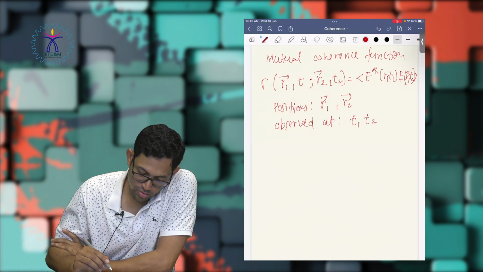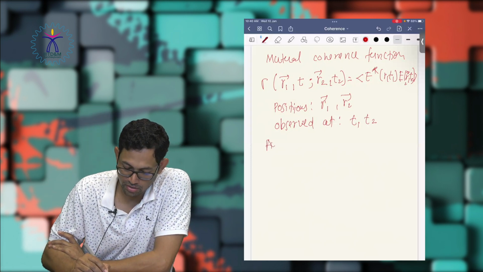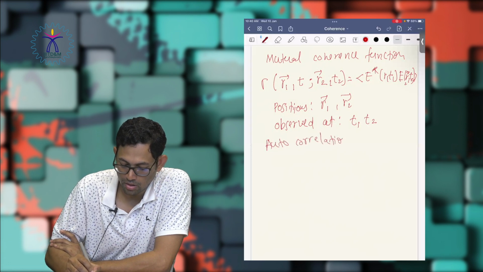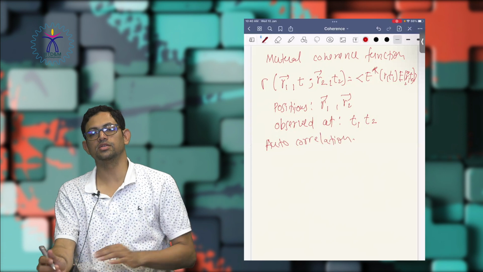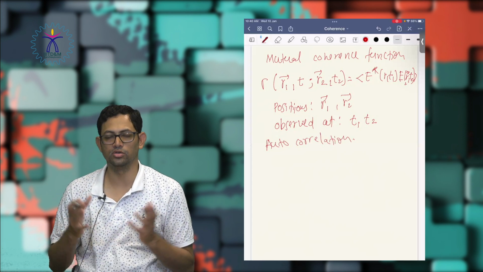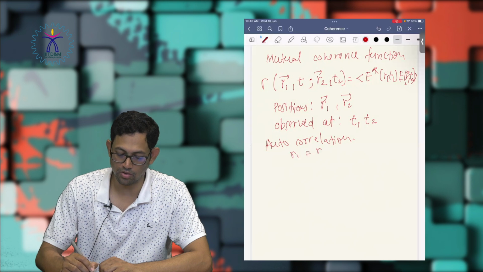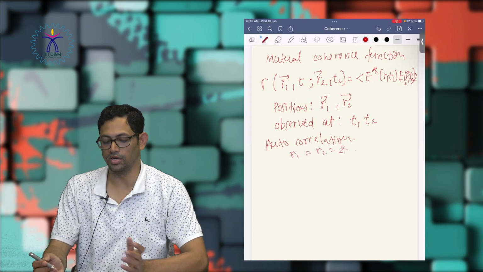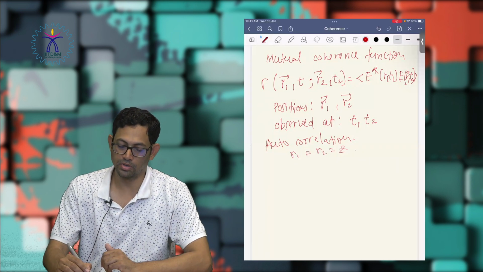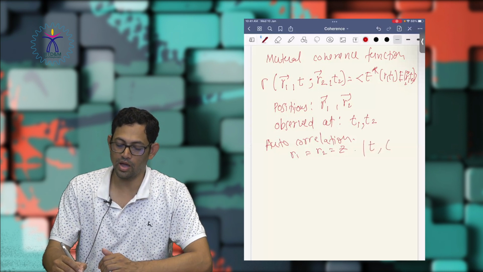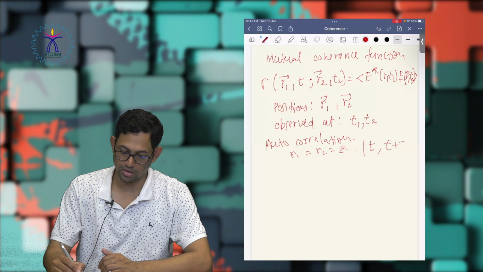Now when we talk about autocorrelation, it is the same position, not two different positions. So R1 equals R2, which is equal to Z, and in the time observed, it is T and T plus tau.